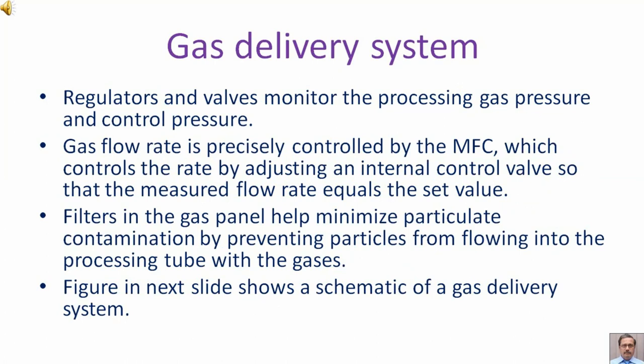Regulators and valves monitor the processing gas pressure and control pressure. Gas flow rate is precisely controlled by the mass flow controller, which controls the rate by adjusting an internal control valve so that the measured flow rate equals the set value.